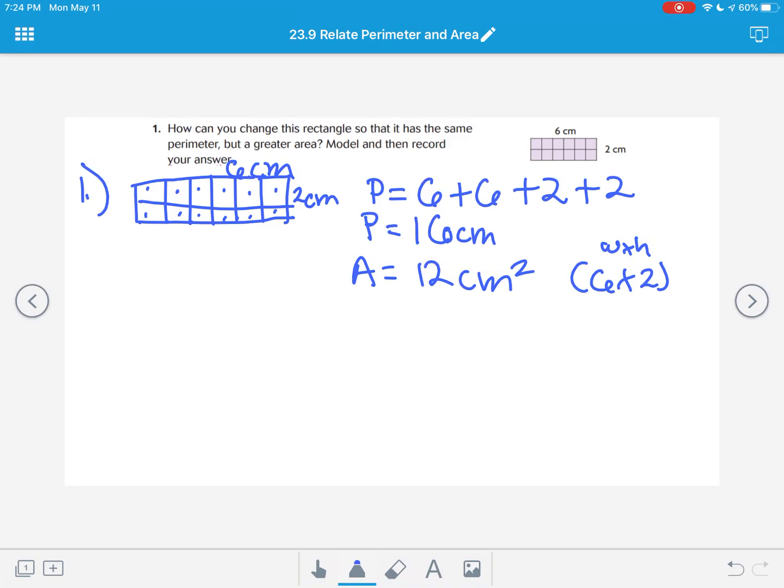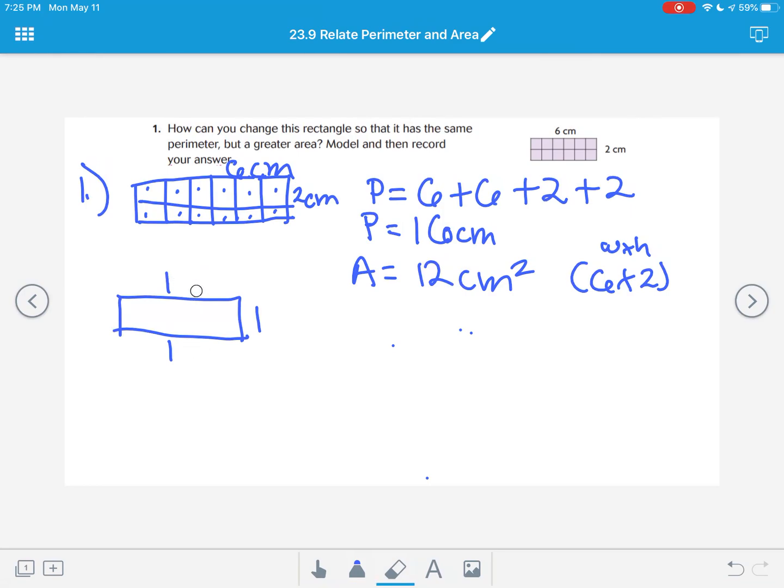So instead of doing it 6 centimeters by 2, I'm going to try making a rectangle that instead has 1 by 16. Let's try that. So if it was 1 by 16, oh, the perimeter would not be the same. Okay, I'll have to do this a little bit differently.